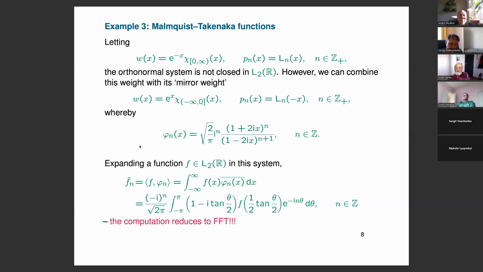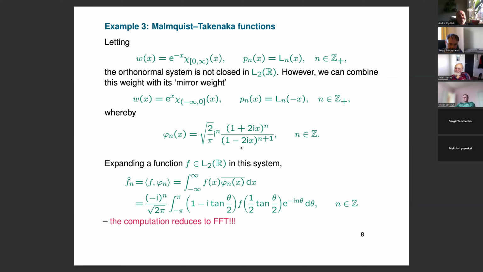And then we obtain a system of rational functions of this form here, but the system is indexed not over Z plus, but over all of Z. These functions are over Z plus, these functions are indexed over minus natural numbers. And altogether we have this.